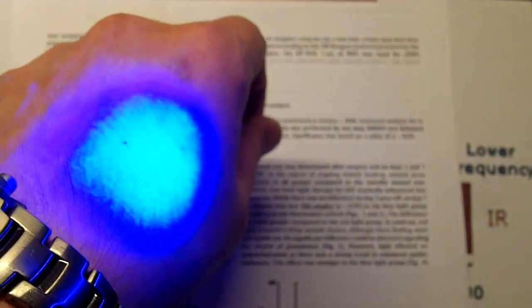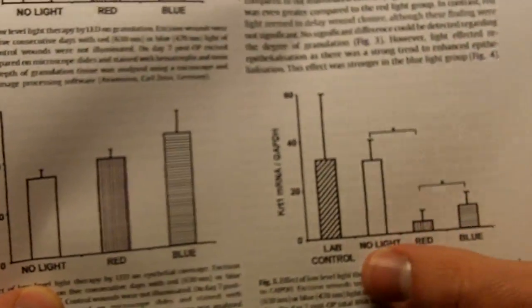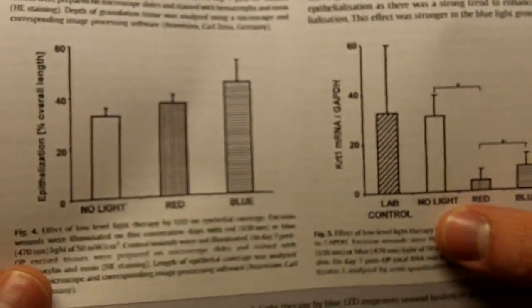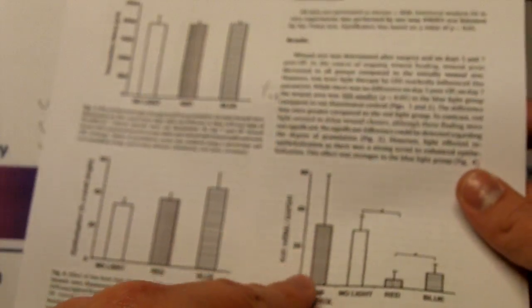So if you have something like this and you have a wound on you, just 10 minutes a day is going to make that wound heal 50% faster in just 7 days. I found that to be amazing. With the control group, they tried these out, and the red light didn't work as well.